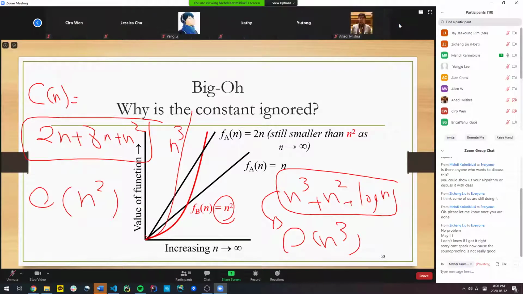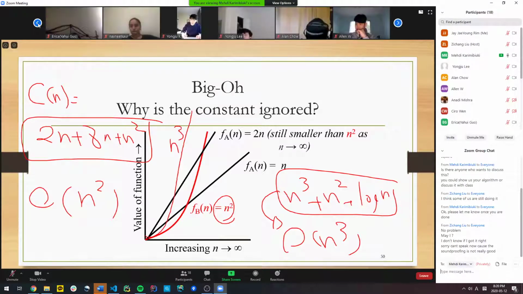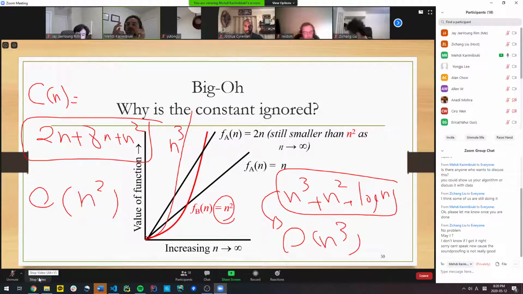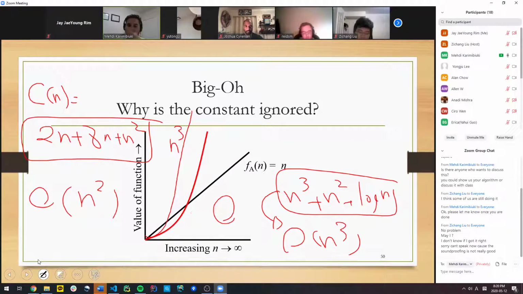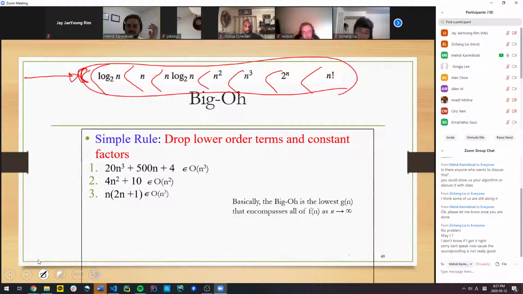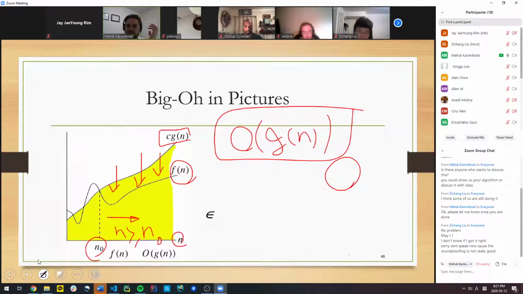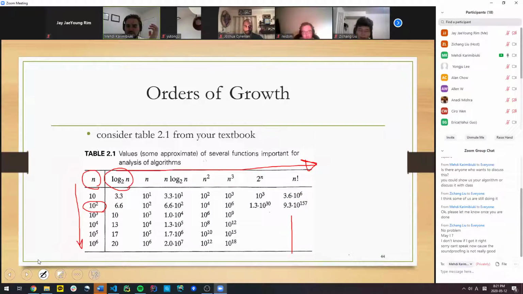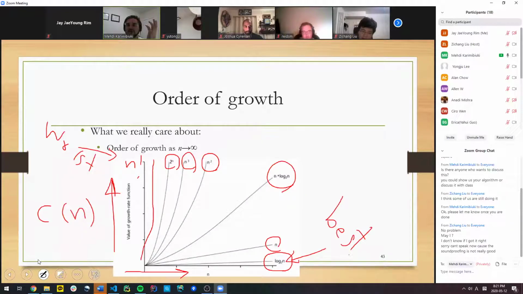If you go to MATLAB, you can draw linear, cube, square, and log, and once you draw that, you can compare the results with what I have in slide number 43. So if you draw it, it will be the same as slide number 43, right?